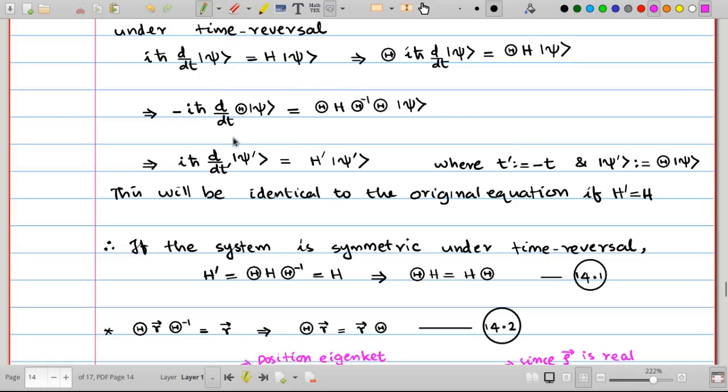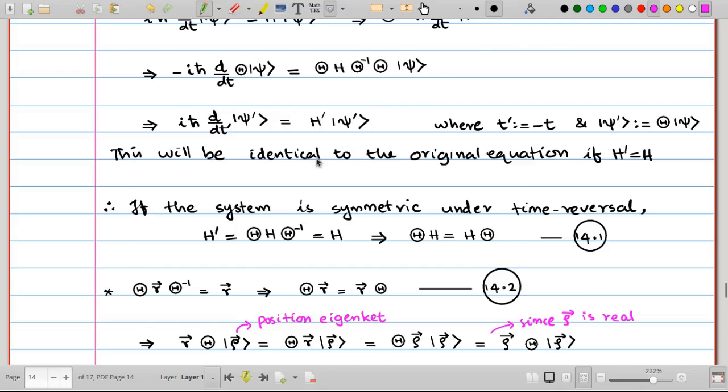And if I call minus t as t dash, then this equation becomes iħ d/dt dash psi dash equals H dash acting on psi dash. Now this equation looks similar to the original Schrödinger equation, but with a different Hamiltonian H dash.